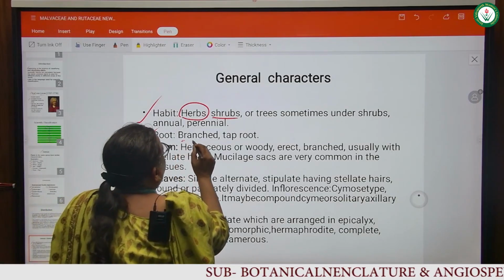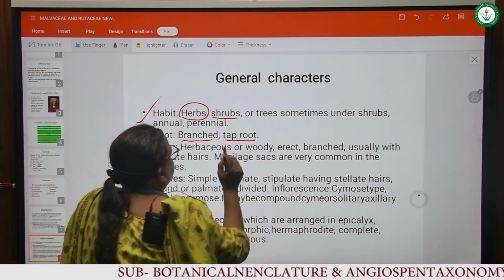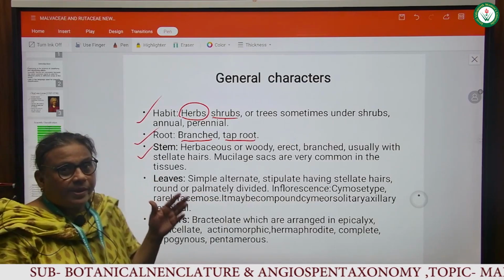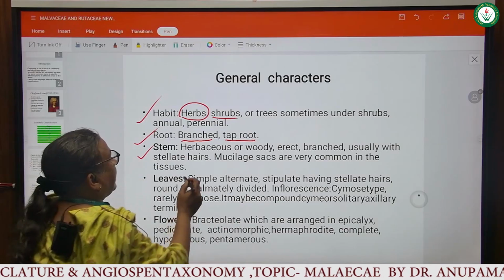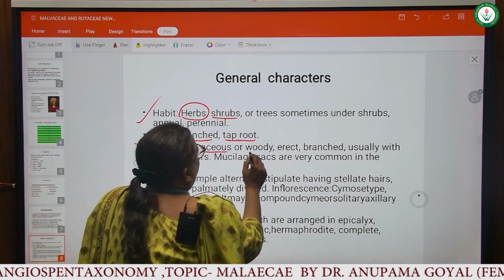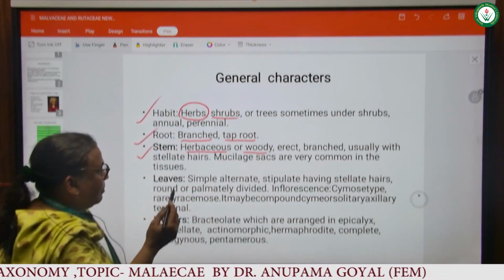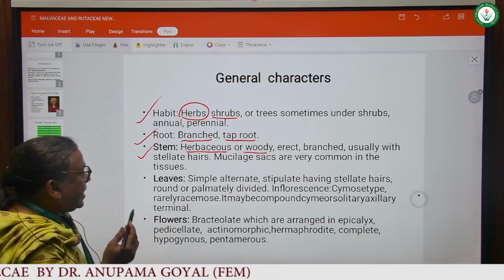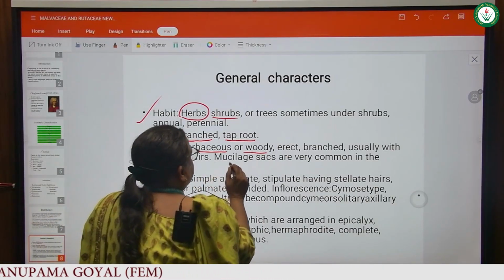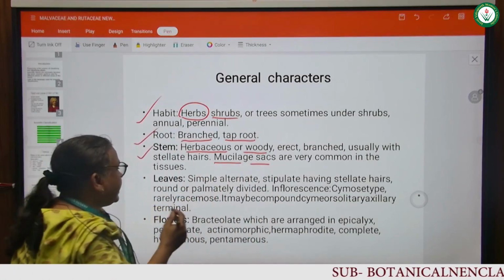The root is branched and a taproot. In the stem, the plants are herbaceous or woody, erect, branched, usually with stellate hair. Mucilage sacs are common in the tissues.